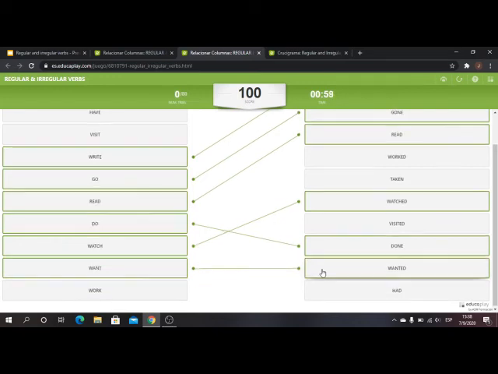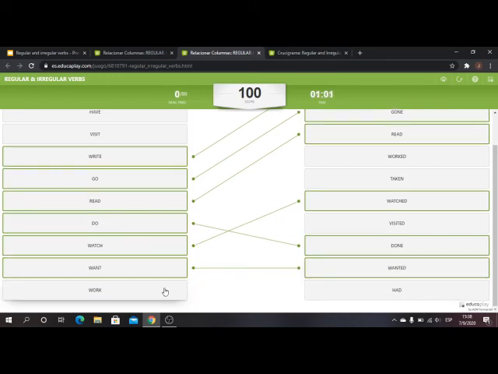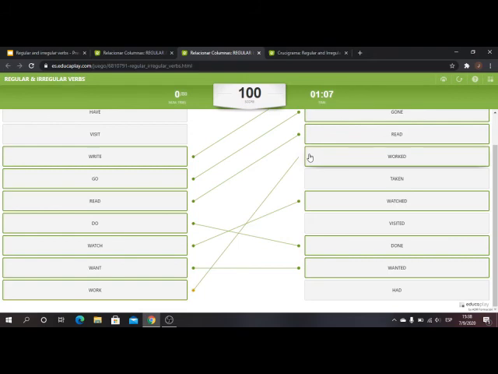Excellent. For example, is the same. Work is a regular verb. In past participle, you have to add ed. Very good. Okay. In the case of have, is an irregular verb. In past participle, had. Okay. Visit is a regular verb. Es un verbo regular.